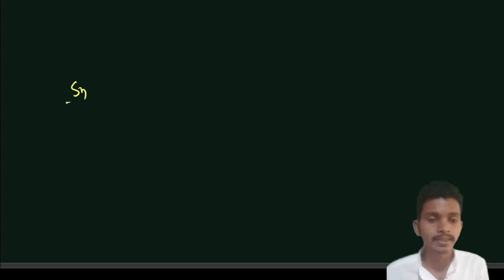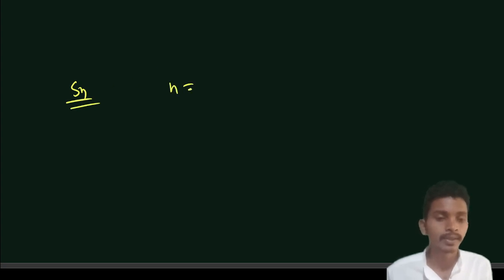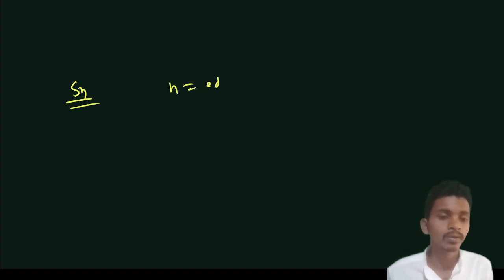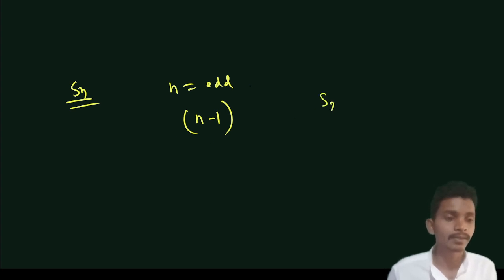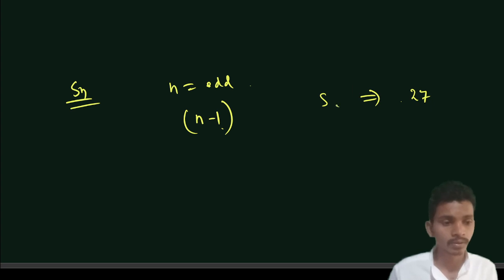Similarly for the Sn axis, we have already discussed that when n is odd, the number of operations needed is n minus 1. Let's say S29: the number of operations needed to get identical is 29 minus 1, 28 operations.